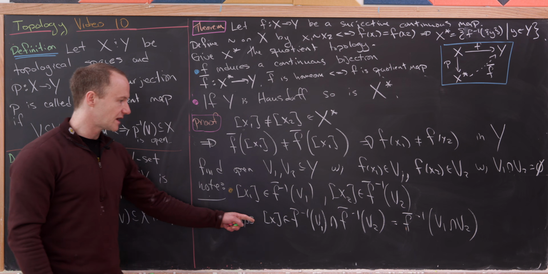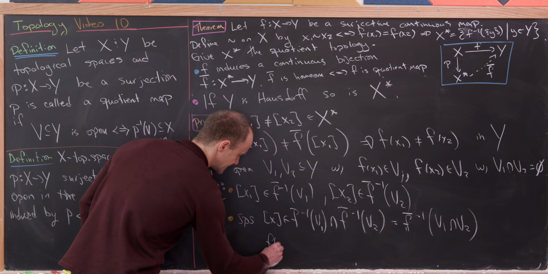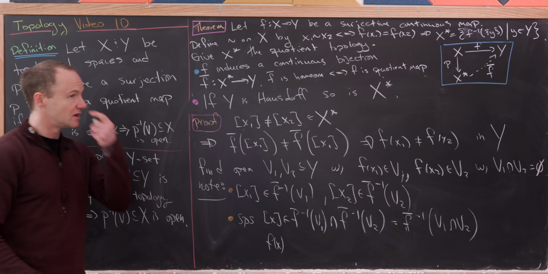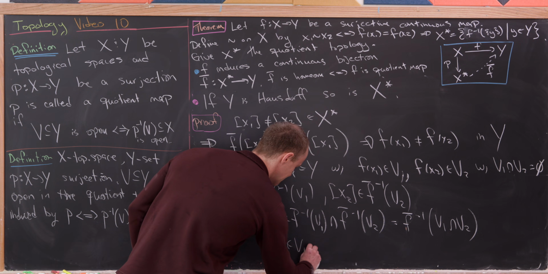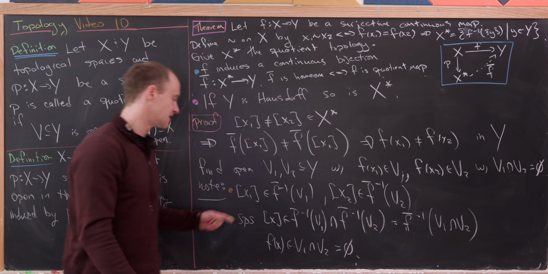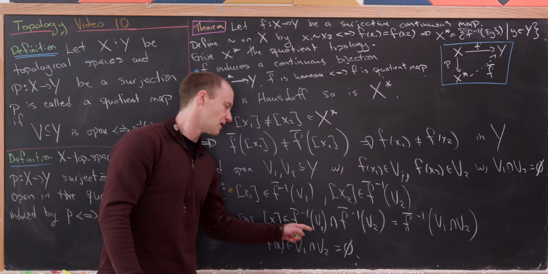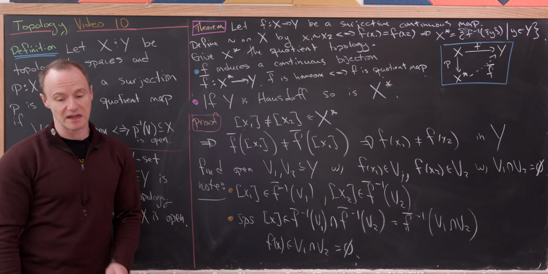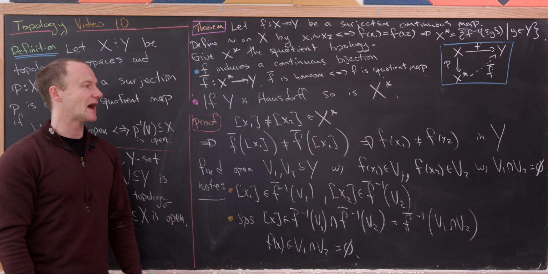But now we can apply F bar to this, but applying F bar to this is the same thing as applying F to the element. And we see that this element is inside of V1 intersect V2, which is the empty set. So that means that if this is the empty set, then this object right here is also the empty set, which is what we need for X star to be Hausdorff.